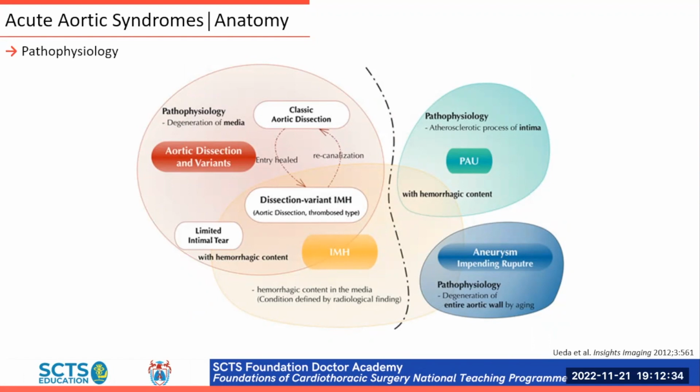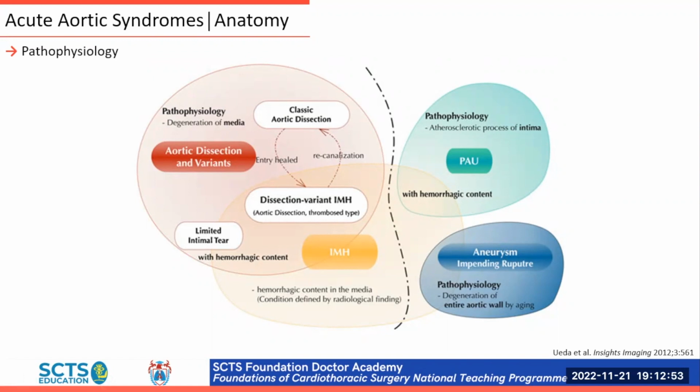This is a study published in 2012 by the Japanese group of Ueda and colleagues. You see that in this theory, the classical dissection in terms of pathophysiology is different from the intramural hematoma, the penetrating aortic ulcer, and also the aneurysm.